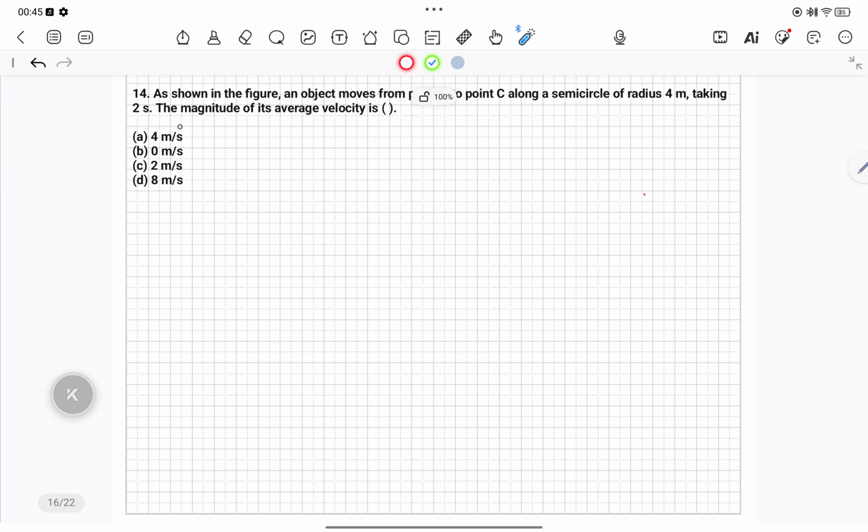Question number 14. As shown in the figure, an object moves from point A to point C along a semicircle of radius 4 meter, taking 2 seconds. The magnitude of average velocity. We know that average velocity is equal to displacement by time.